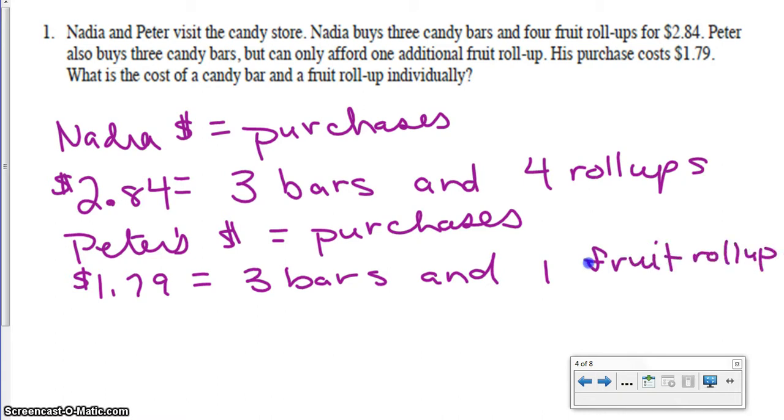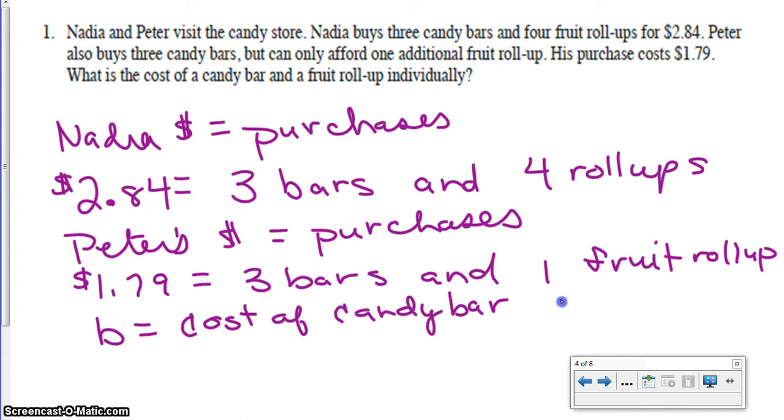All right, now I know we usually use X and Y, but Miss Rose is going to use B and R to make life a little bit simpler. Let B equal the cost of a candy bar, and let R equal the cost of a roll-up.